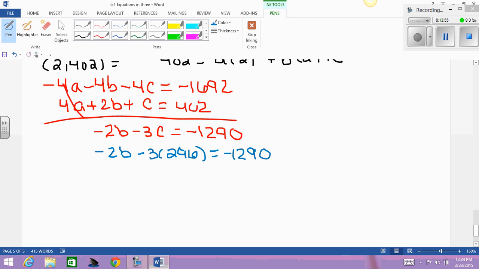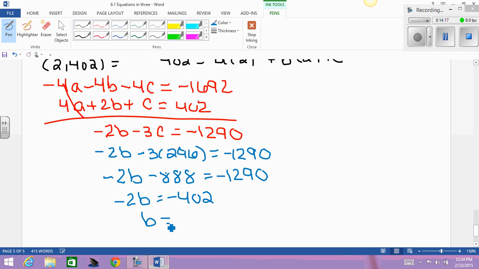So 3 times 296 is going to give us 888. Add over that 888. We get negative 2b equals negative 402. Divide by that negative 2, and we get 201. So now we've got c, we've got b, I need a.